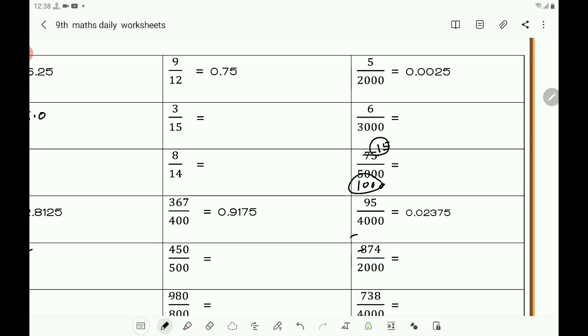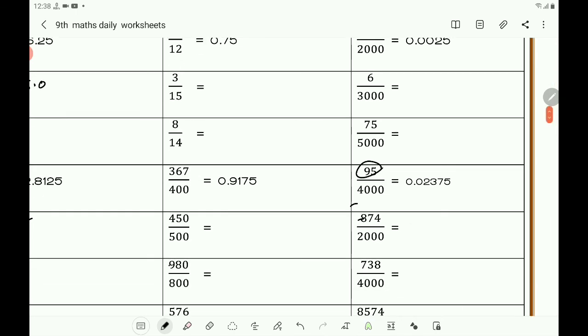You can convert this easily into decimal. How many digits are there after the decimal point? Think and write. Now 95 by 4000. Here you make it simple. 95 by 4 into 1000.